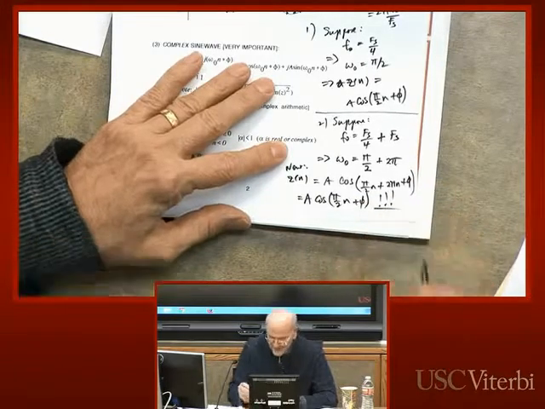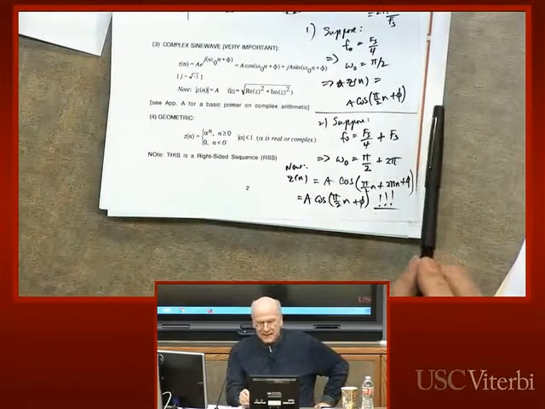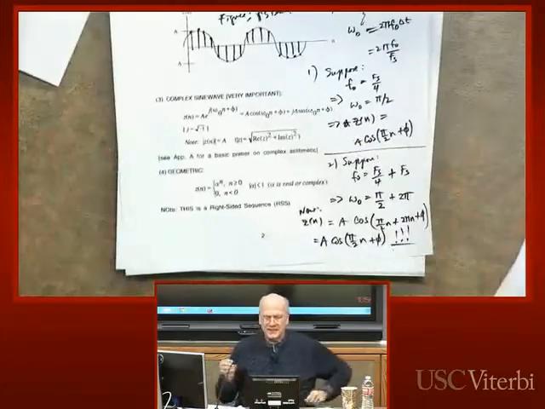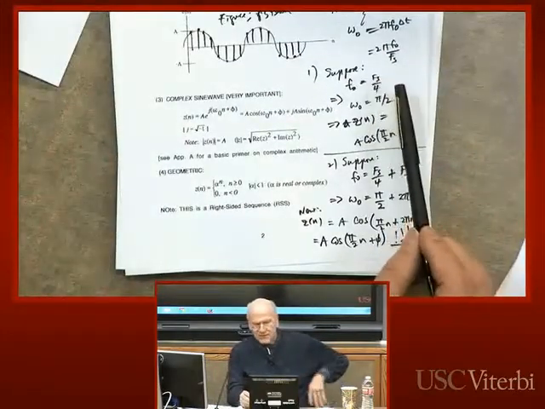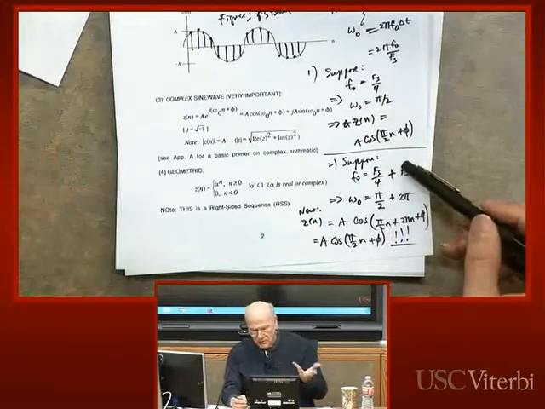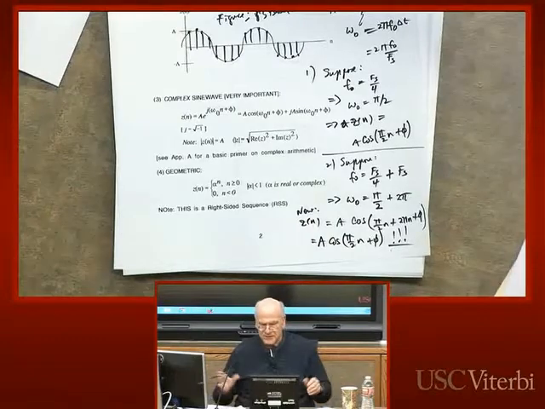So what's the takeaway from this? The takeaway is that F naught is limited in the sense that if you increase F naught by adding multiples of Fs or partial multiples, you're not going to change the value of the sine wave.